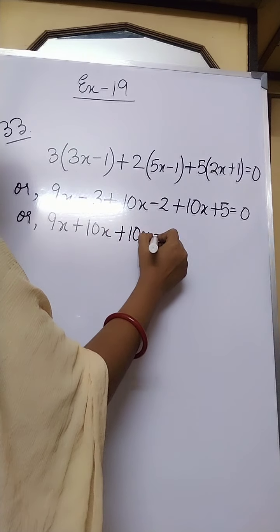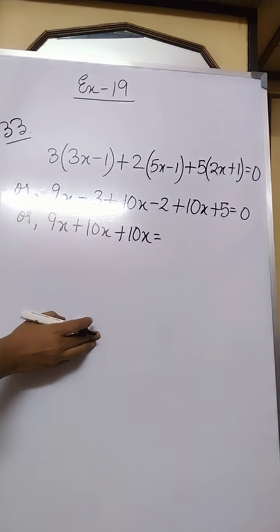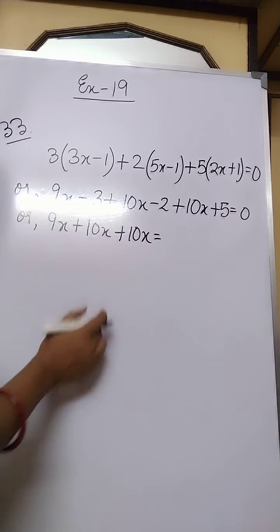We will keep the variables in the left hand side, and all the numerical constants we will shift to the right hand side and change the sign.